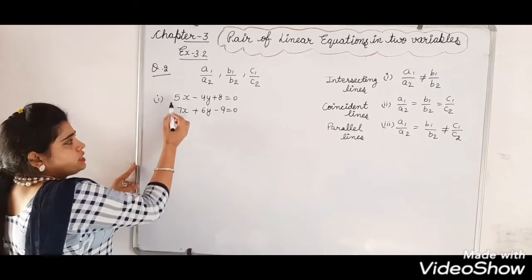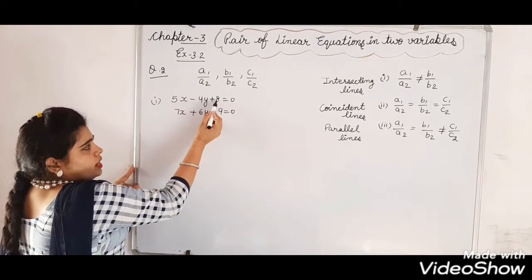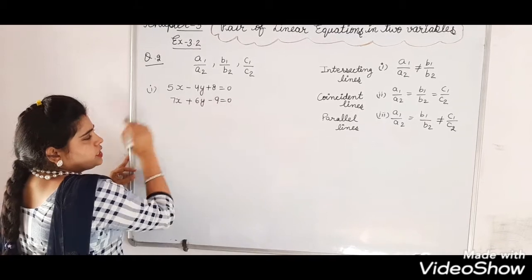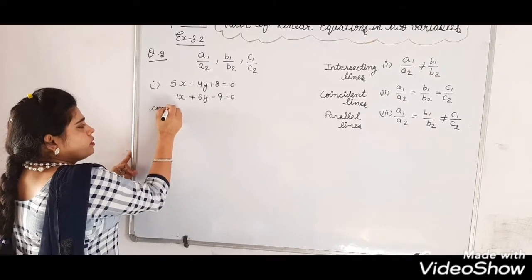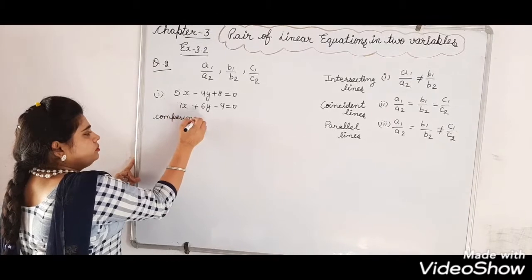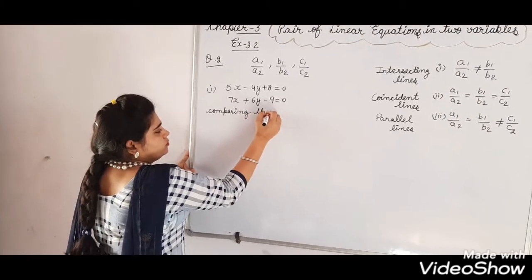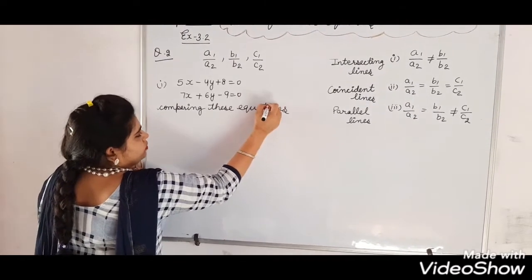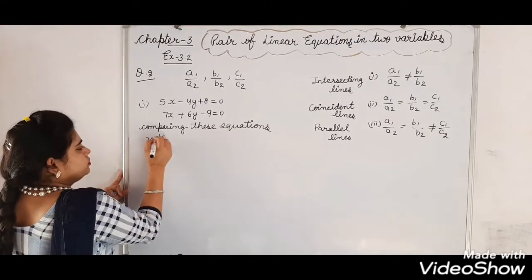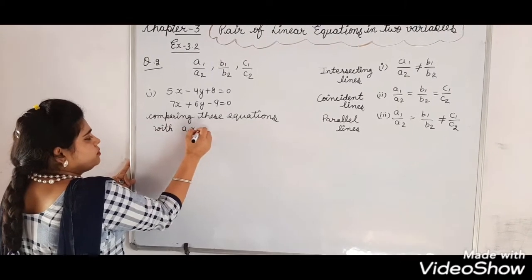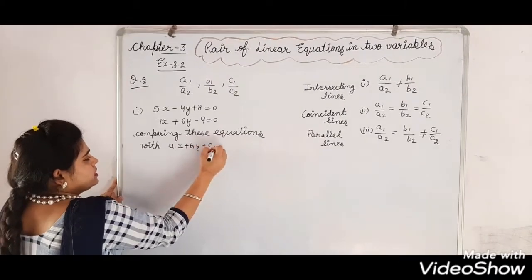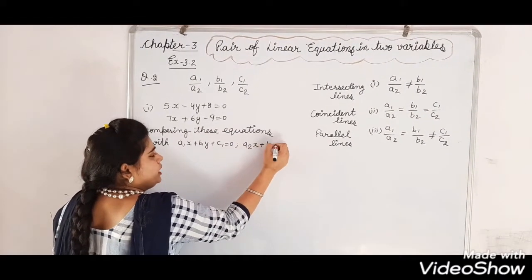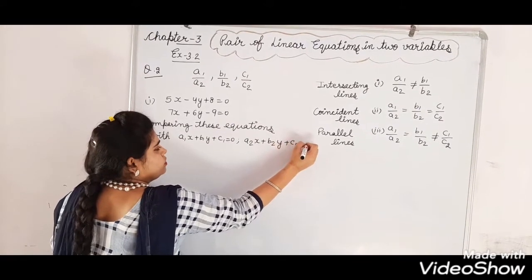In first part, what is given? 5x minus 4y plus 8 is equal to 0. 7x plus 6y minus 9 is equal to 0. Comparing these equations with standard equation a1x plus b1y plus c1 is equal to 0 and a2x plus b2y plus c2 is equal to 0.